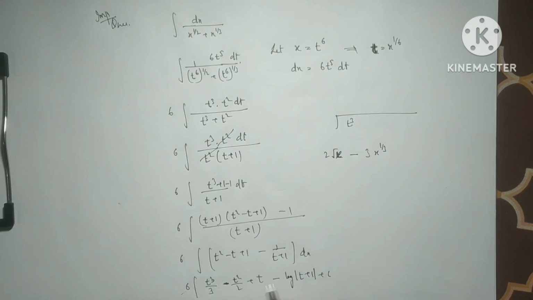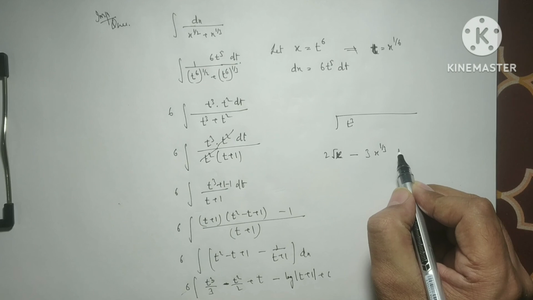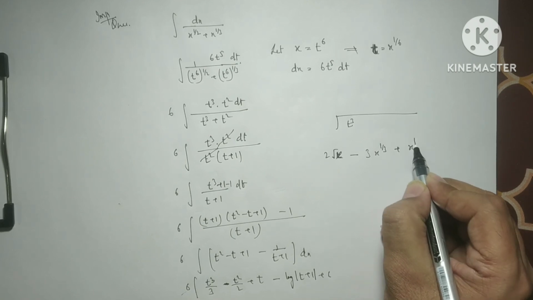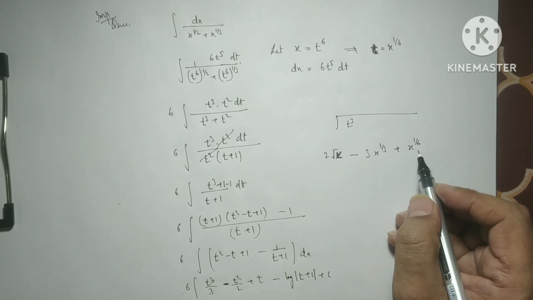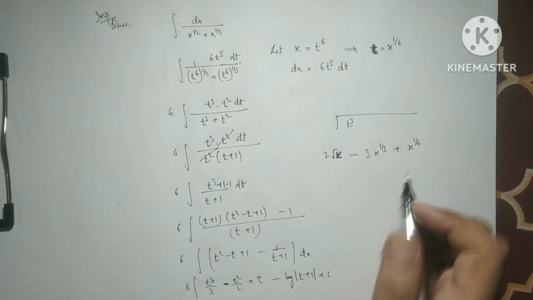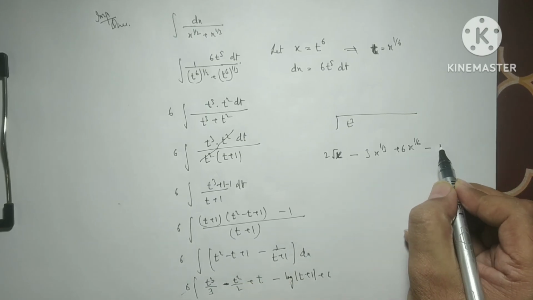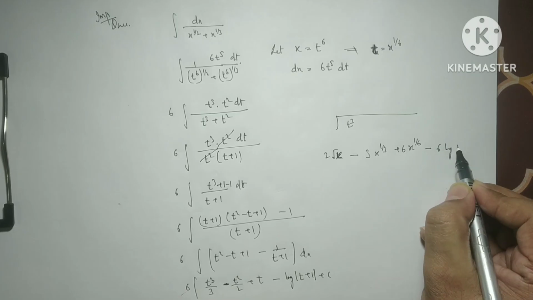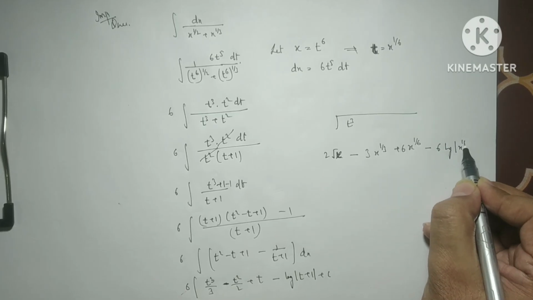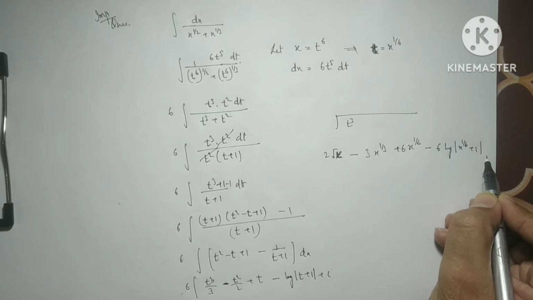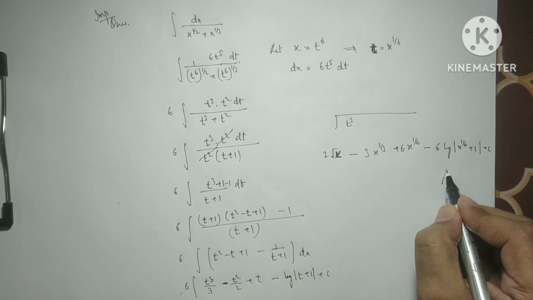Then there is x to the power 1 by 6, and this 6 is also multiplied, and 6 log of (x to the power 1 by 6 plus 1) plus c. So this is the answer.